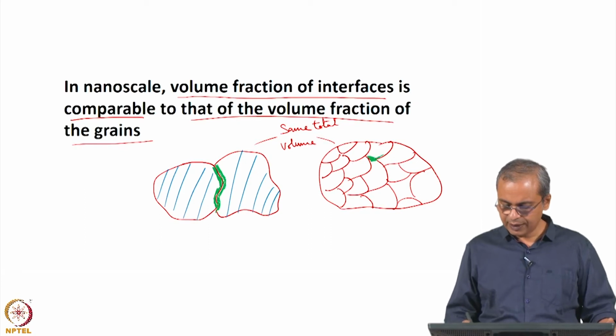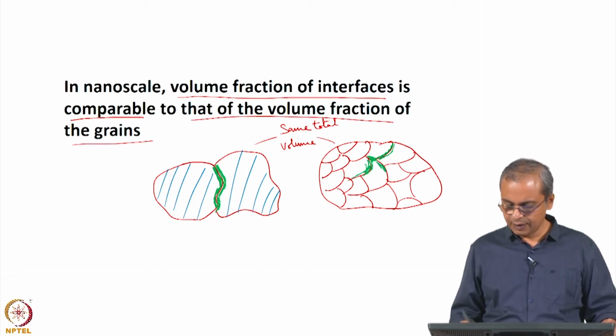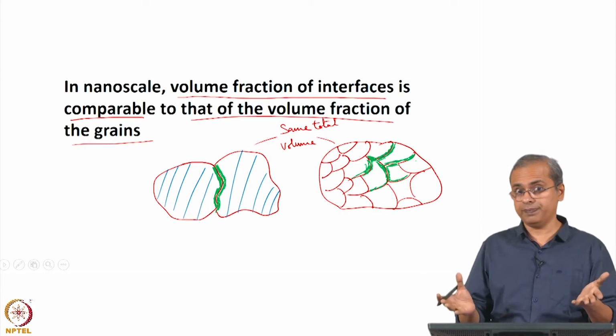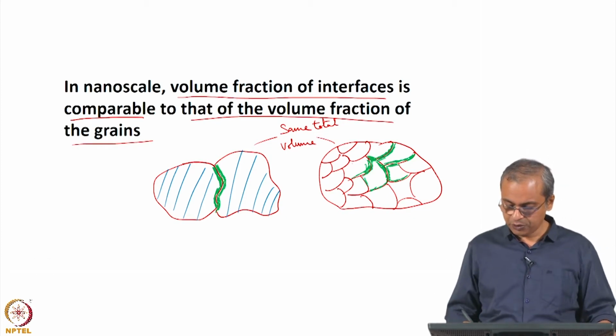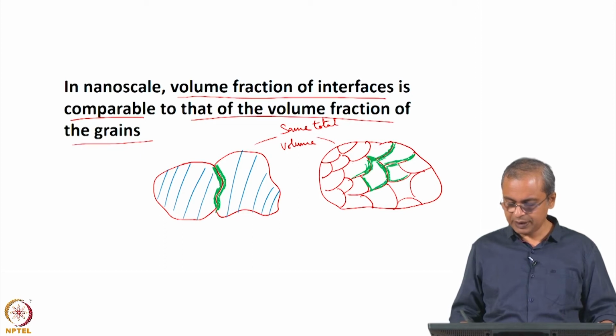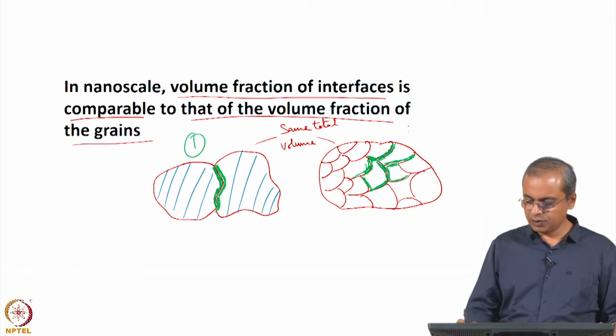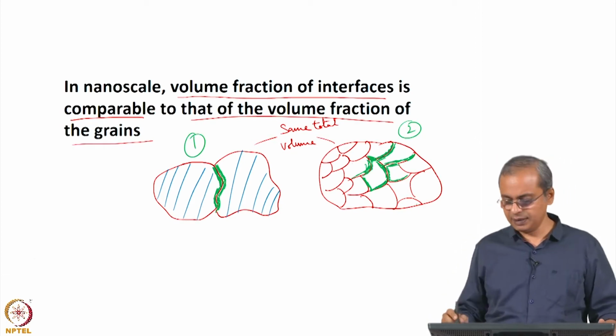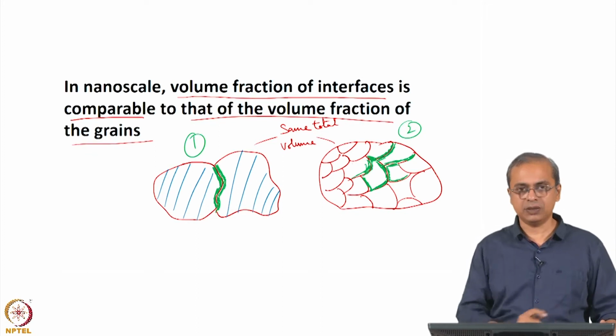You can see that you have interface here, interface here, and so on. If you assume some volume for this interface, then if this is case 1 and this is case 2, in case 2 the volume fraction associated with the interfaces is going to be much higher than in case 1.